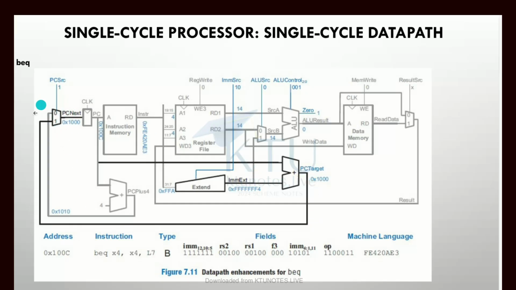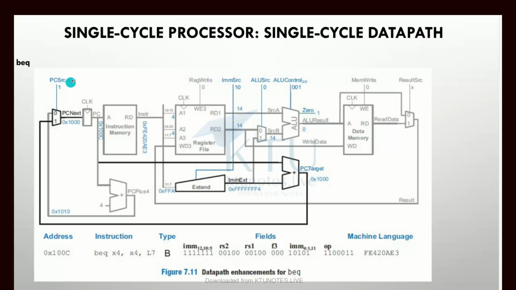Now this multiplexer will decide whether you have to jump or not. This PC normal adder calculates the next instruction, that is PC plus 4. Both are going to this multiplexer. This multiplexer decides whether we go to the jump address that we have calculated here, or whether we do the normal instruction PC plus 4, which is selected by PC SRC.